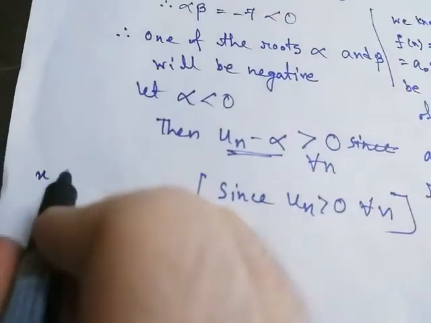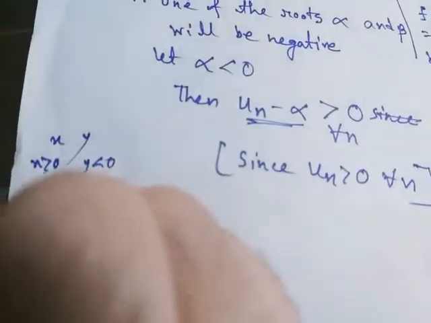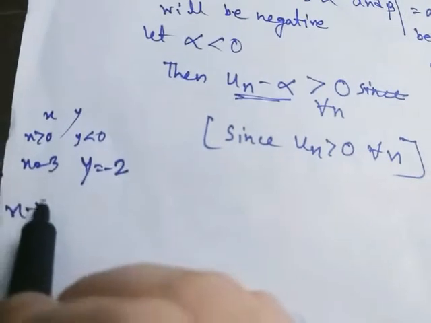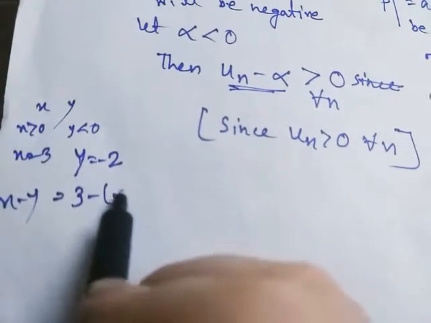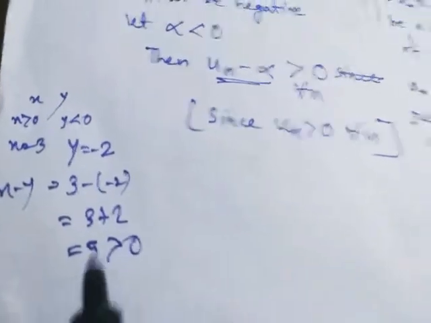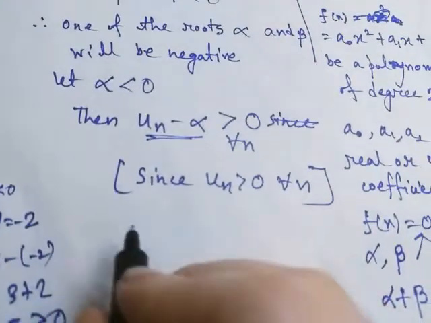Suppose two numbers x and y, where x is positive and y is negative, x equals 3, y equals minus 2, then x minus y equals 3 minus of minus 2 equals 3 plus 2 equals 5, greater than 0. So this will be greater than 0 for all n.